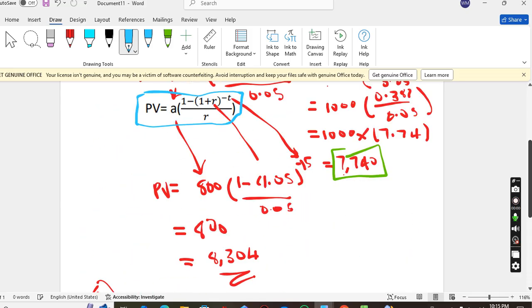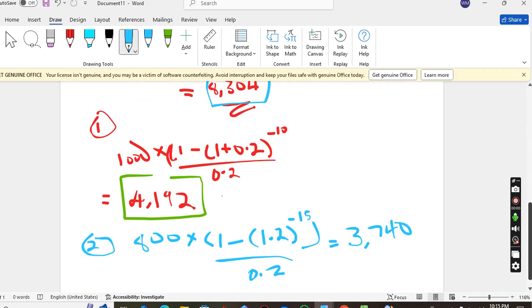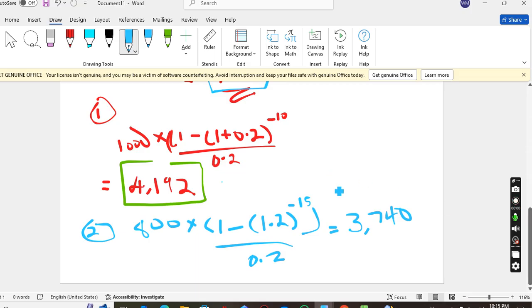Compared to the previous one, when the discount rate was low, you were getting 8,304. Now the discount rate has been increased, you're getting 3,740. So one important point you need to remember from this question is that the higher the discount rate, the lower the amount you get.